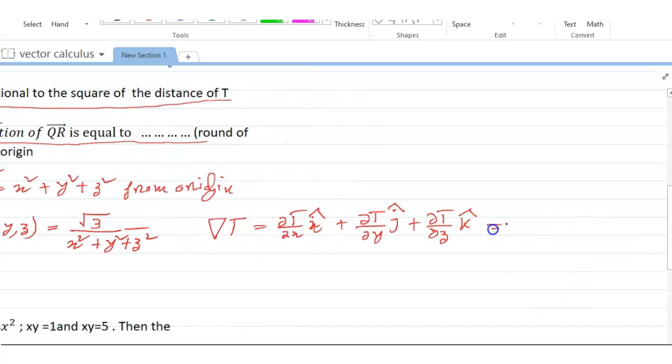∂T/∂x is equal to minus 2 root 3 x divided by (x² plus y² plus z²) whole square.